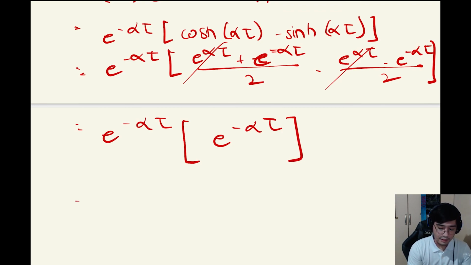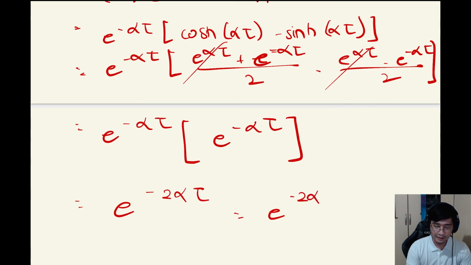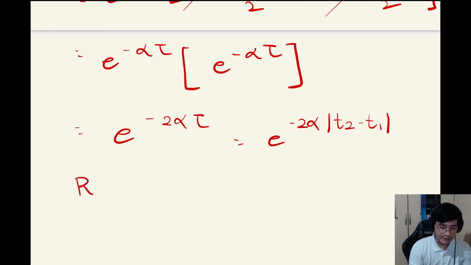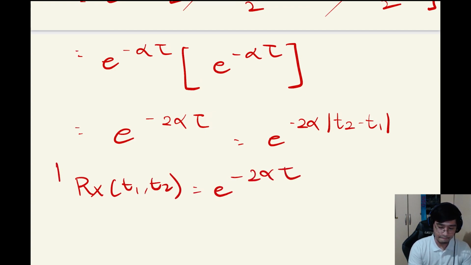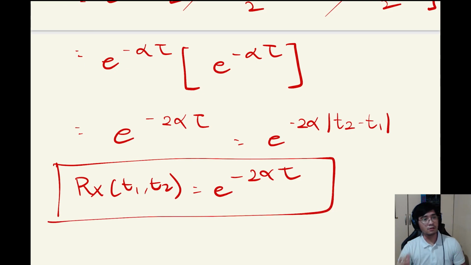So this is equal to e raised to negative 2 alpha tau, or e raised to negative 2 alpha times the absolute value of t2 minus t1. So Rx of t1, t2 is equal to that, and that is our autocorrelation function, right? So that's how you solve this problem. See you in the next video.